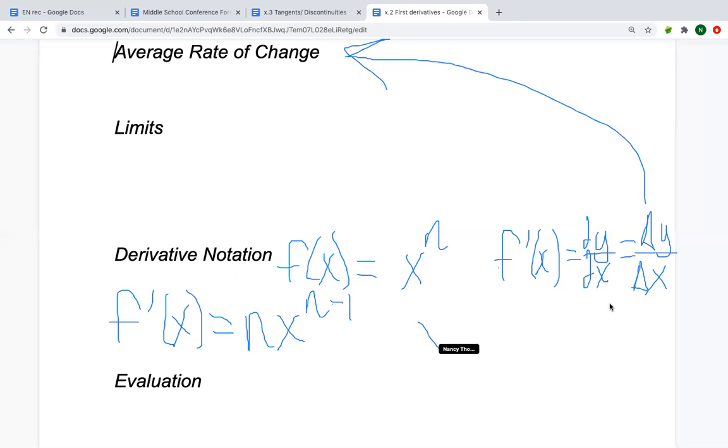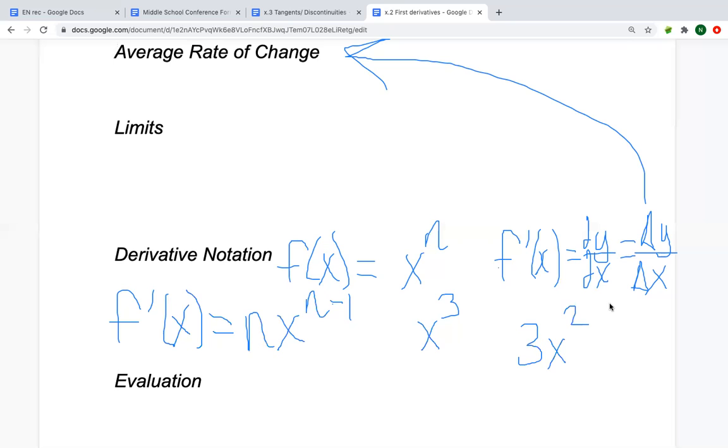So if I have x cubed, then the derivative would be bringing down the power and then subtracting 1. It's pretty straightforward, and you'll get lots and lots of practice with these derivatives. So that is the function for the slope at any given moment on a curve.